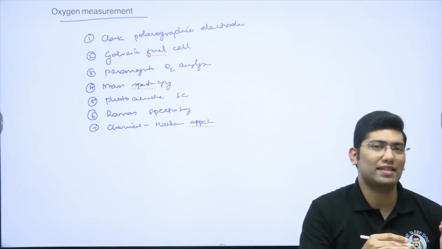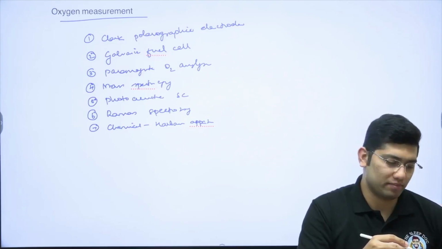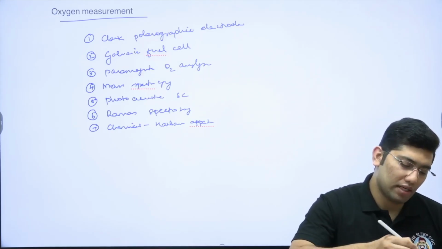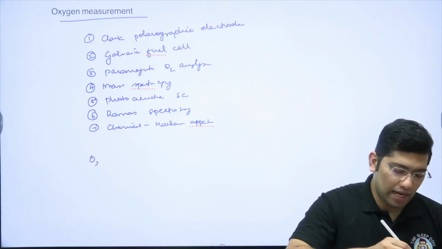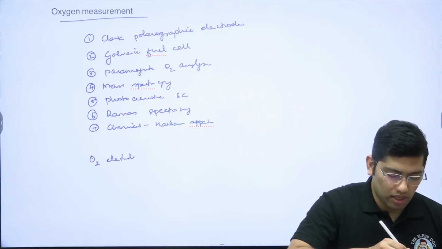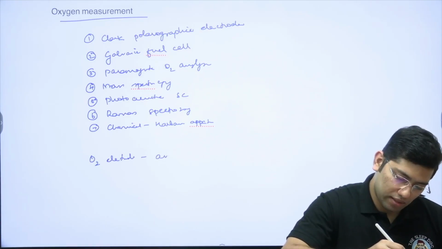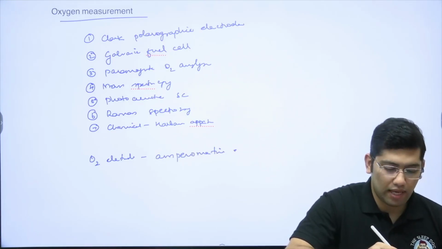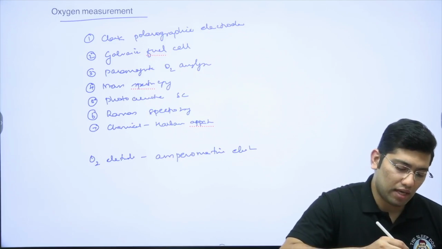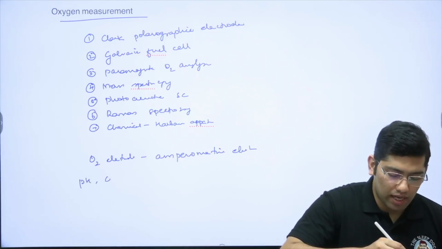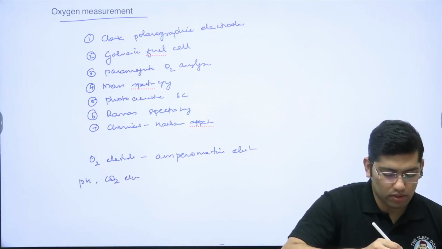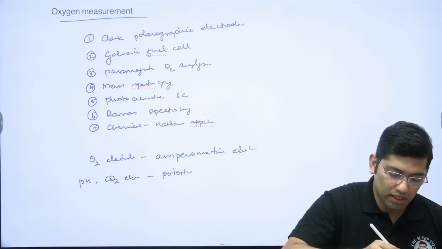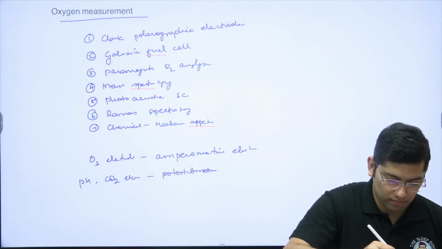Don't worry, let's deal with each one in brief. Before that, oxygen electrodes are called Amperometric electrodes, and pH and carbon dioxide electrodes are called Potentiometric electrodes.